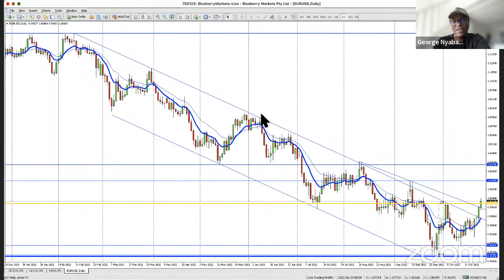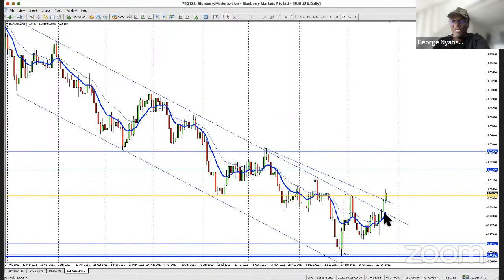Tried to break out above here, came back in, tight trading range, test of it, kept on selling. Tight trading range, bulls tried to break out, came back into the channel, tried again here, came back, double top beginning of October, and we stayed in the channel until yesterday when we had the breakout above the channel.